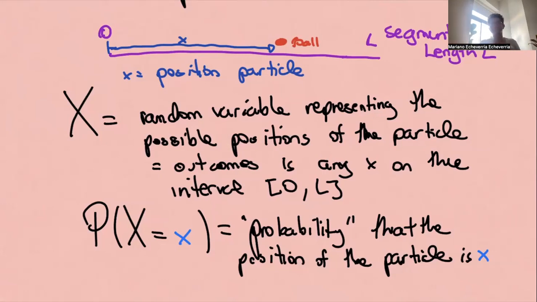The most you could say is that within a certain range, the position is 3 meters plus or minus some error. So the more convenient approach is not to assign probabilities to individual points or values, but to the probability that the particle is located in a certain interval.